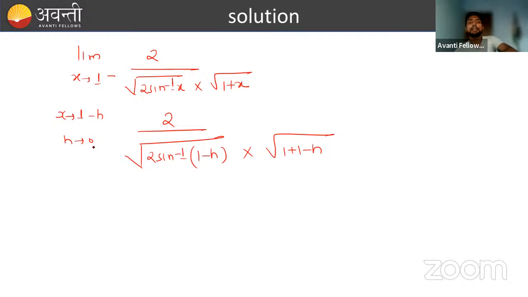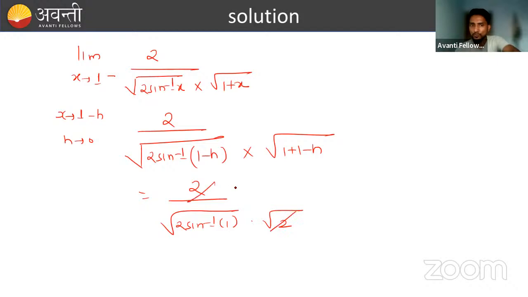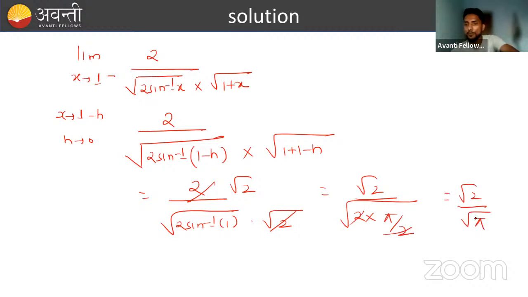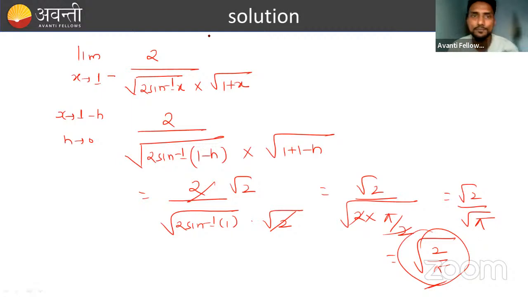Now put h tending to 0. It will become 2 divided by root 2 sine inverse 1, and then root of 1 plus 1, which is root 2. So root 2 cancels. Sine inverse 1 will be pi by 2. So 2 cancels, and it will be root 2 divided by root pi. So the answer is root 2 by pi. This is your correct answer, guys.